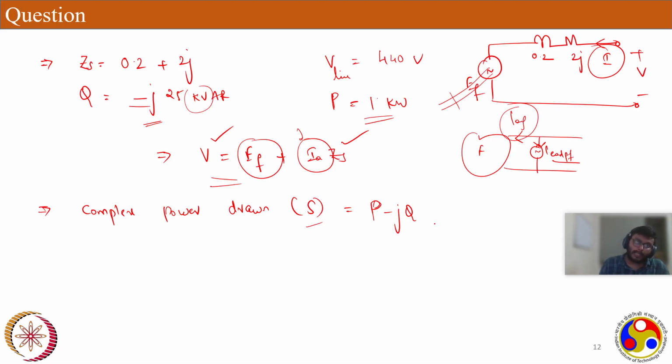From this we know P, we know Q, we can calculate the apparent power, but we need line current from this. So what extra information can we get? We know that another formula for complex power is 3 V phase I phase star, 3 VI star, right?